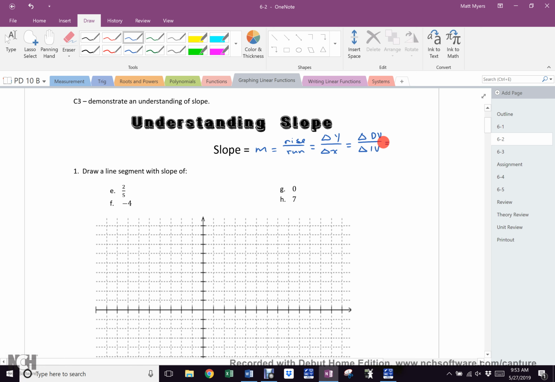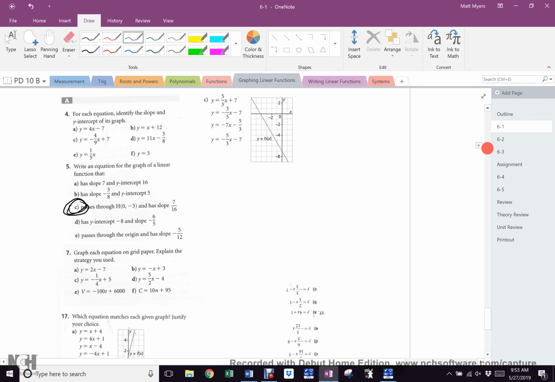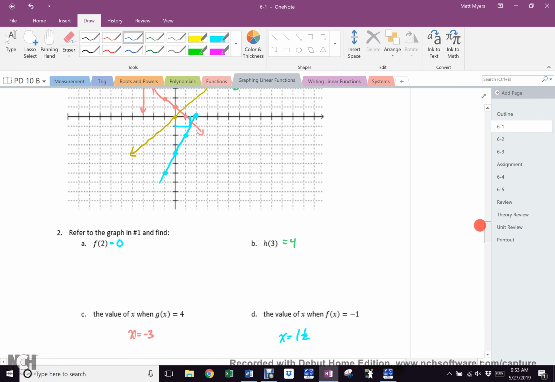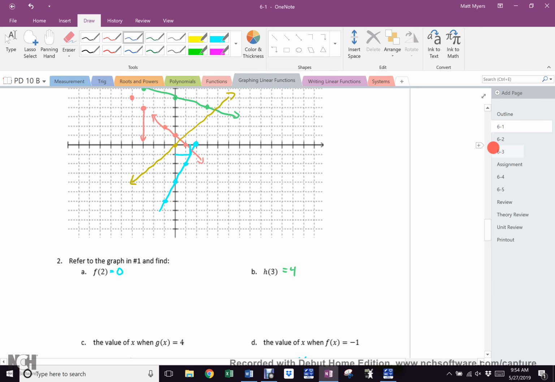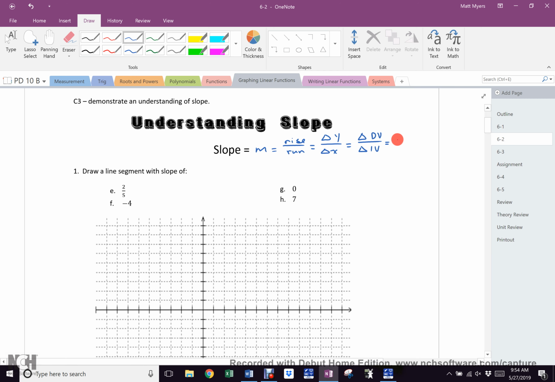What is another thing slope equals? Nobody else? All right, that's pretty good. I would add in it is also the rate of change.